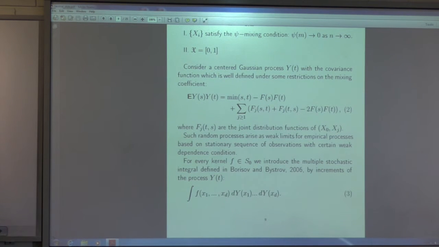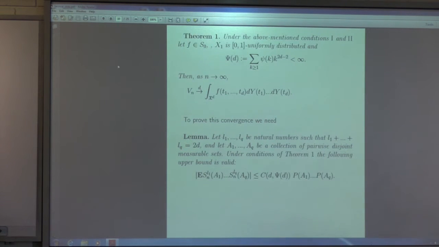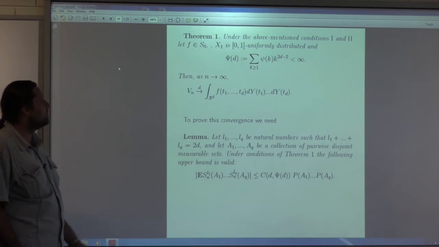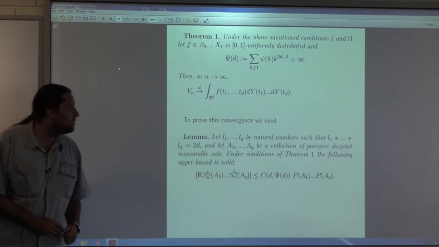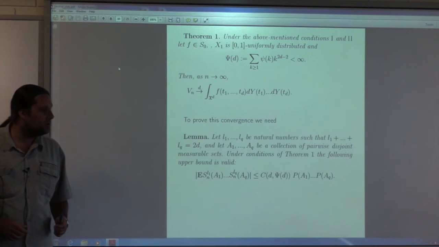And this construction was used to define such weak elements, and the conditions were found under which indeed the sequence of canonical V-statistics converges in distribution to such a multiple stochastic integral.